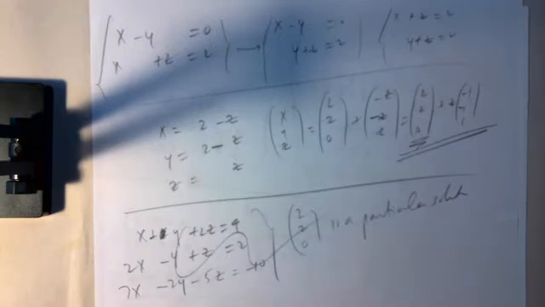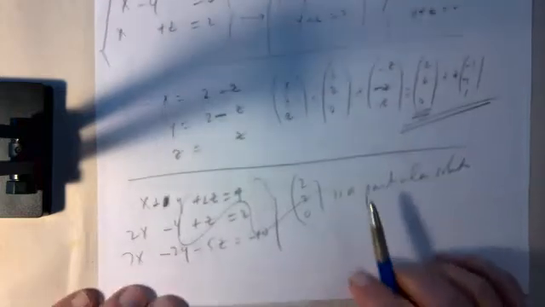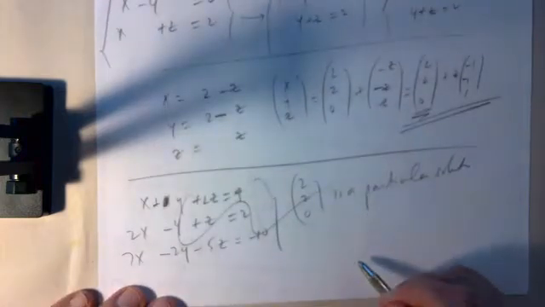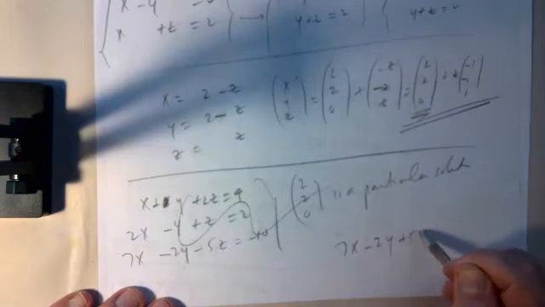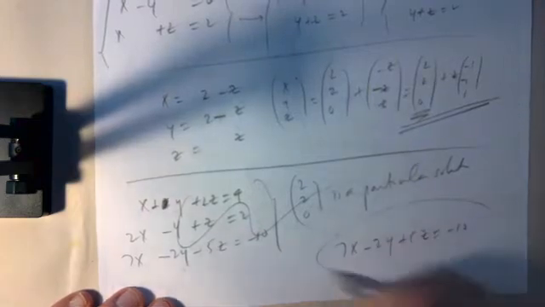But I will see whether I have a plus sign instead of a minus sign somewhere that screwed everything up. I think it should have been, for the last equation, 7x minus 2y plus 5z equals minus 10.